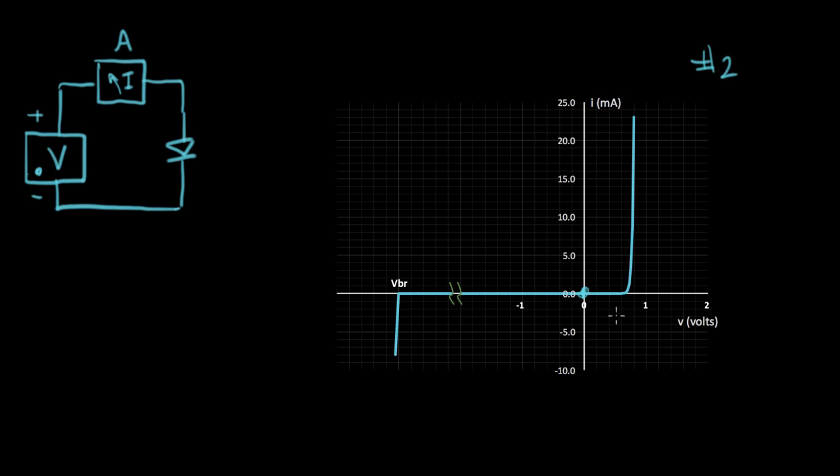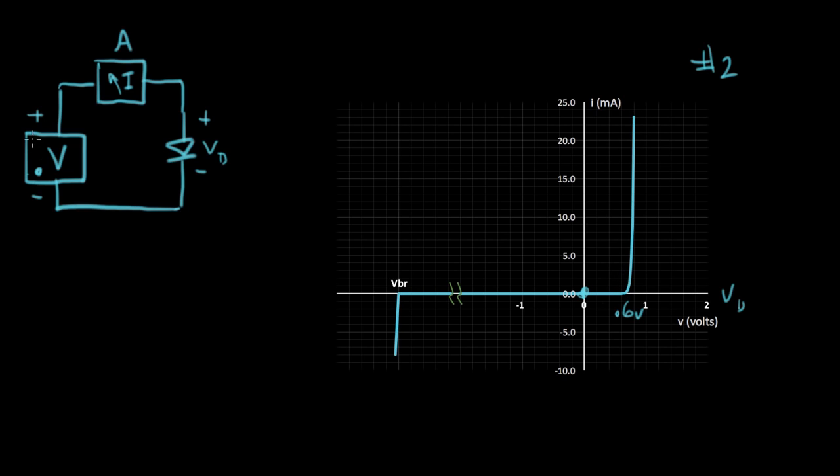And then when it gets to around 0.6 volts on the diode, here's VD, the current goes up. So it goes up to 5 milliamps, and then a little bit higher, it goes up to 10 milliamps, like that. And I can plot out all these points along this part of the curve.